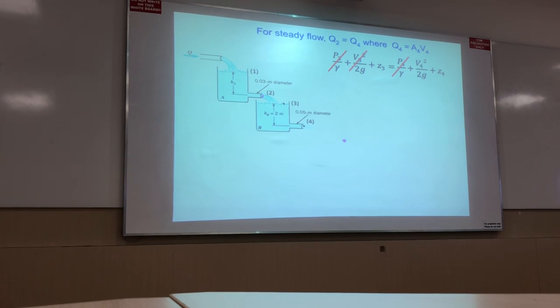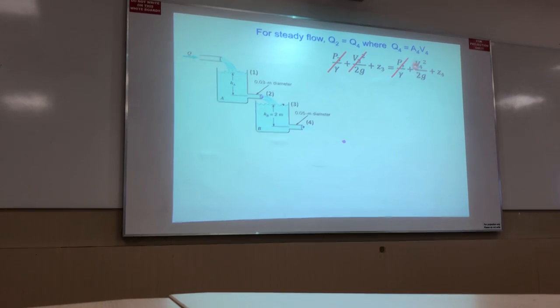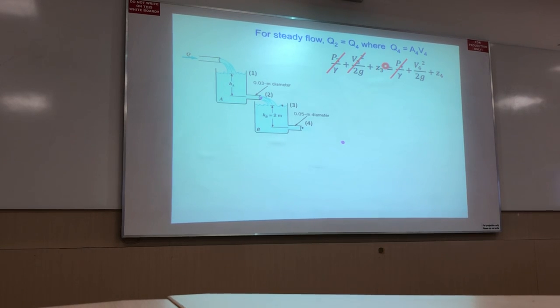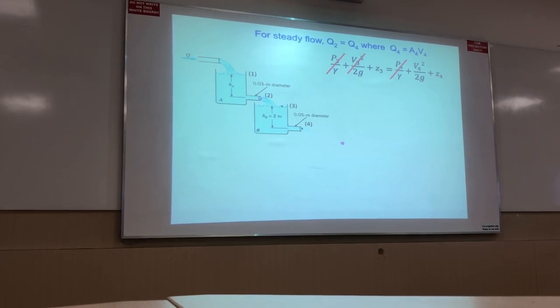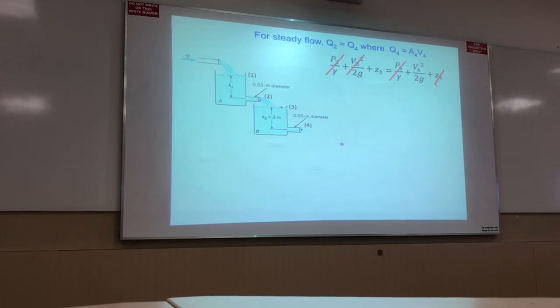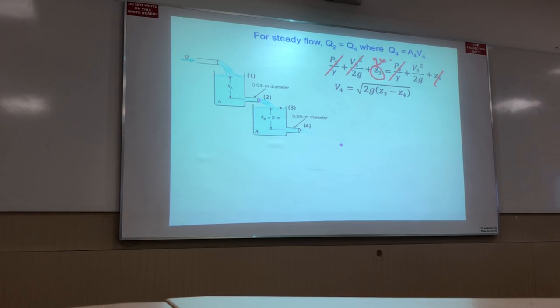This one has 0 pressure, this one 0. Here velocity is 0, but here velocity is not 0. Z3 is 2 meter, Z4 is 0. Then I can write V4 equals square root of 2g times (Z3 minus Z4), which is 2 meter.